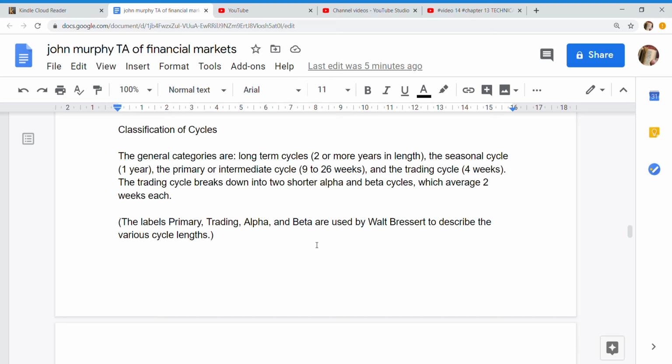The trading cycle breaks down into 2 shorter alpha and beta cycles, which average 2 weeks each. The labels primary, trading, alpha, and beta are used by Walt Bressert to describe the various cycle lengths.